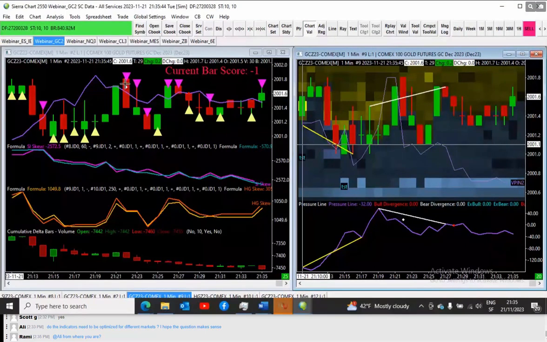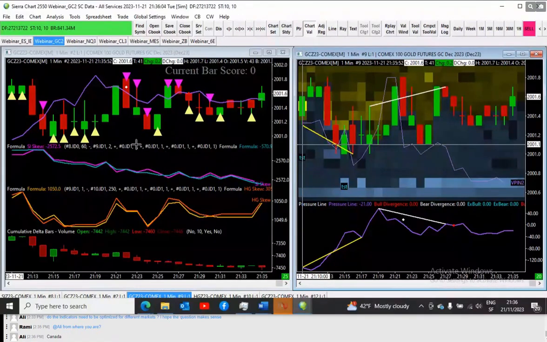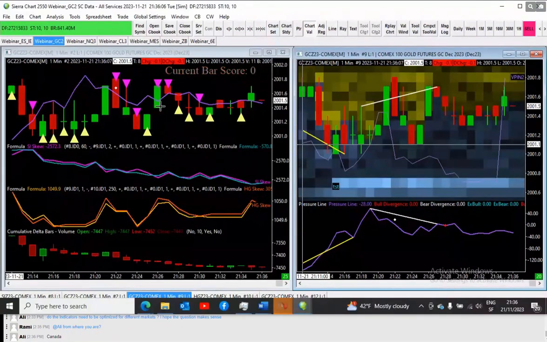And you see we get a sell signal just after that, and price action continues down. We get a buy signal here, just on a very small upturn on the pressure line, but it's enough to get quite a few ticks. And because of the way the lines and the pressure line are moving, we get a sell signal even on an up bar here, which works out pretty well.